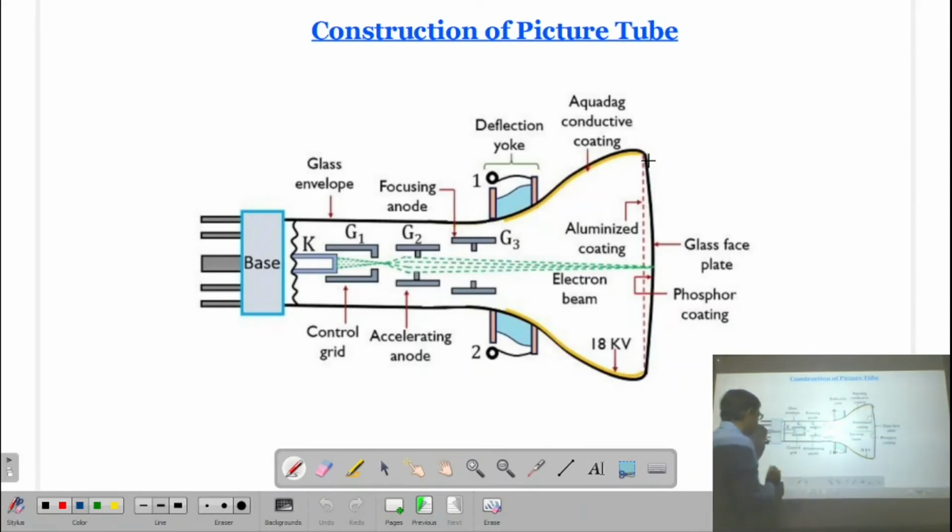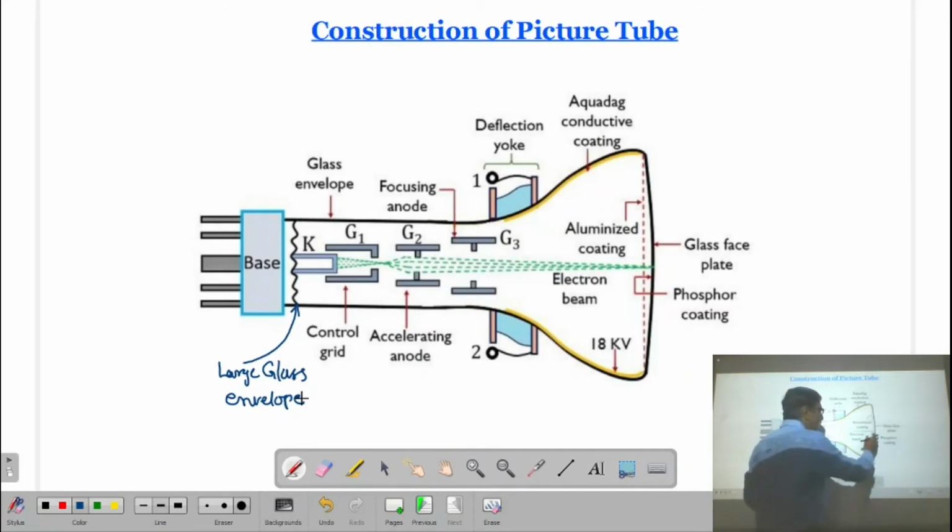You can say this is a large glass envelope, and this part of the glass envelope is known as the electron gun, and here we have the screen.